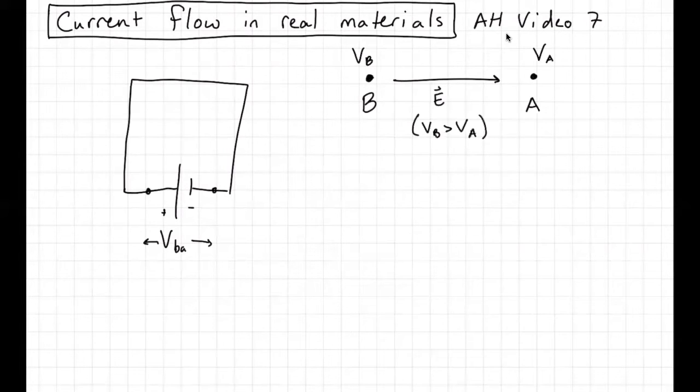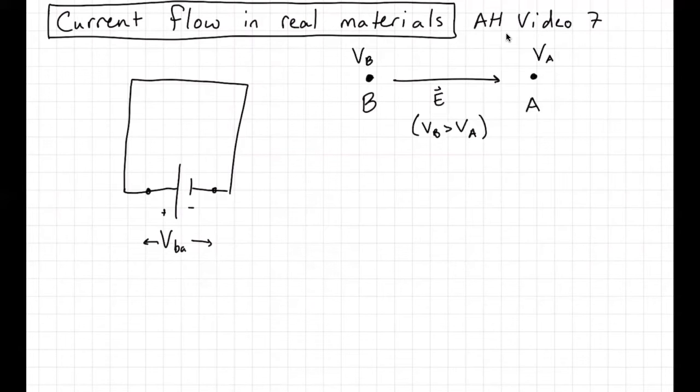In other words, there'd be some force that would push a positive charge from a higher potential to a lower potential. And that's part of the reason that we defined voltage, so we could talk about changes in potential as being a stand-in for how forces are working in this environment, or at least electric fields are working in this environment.